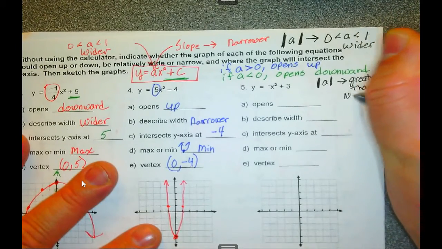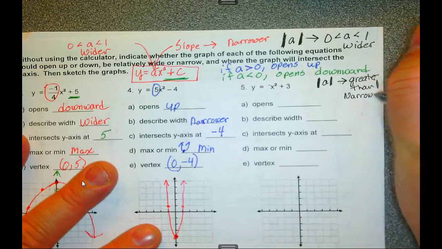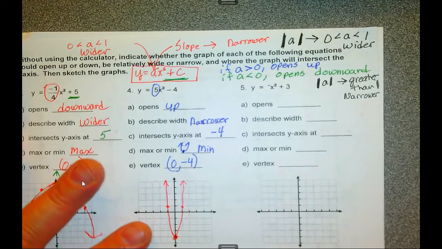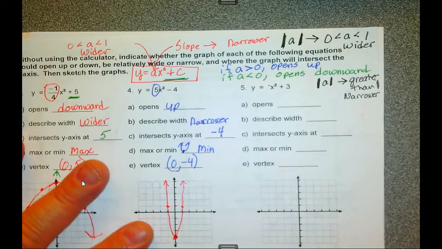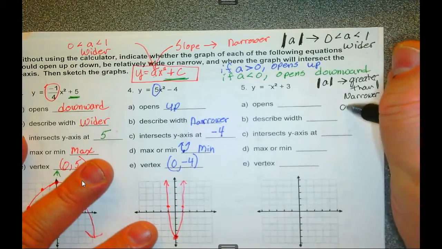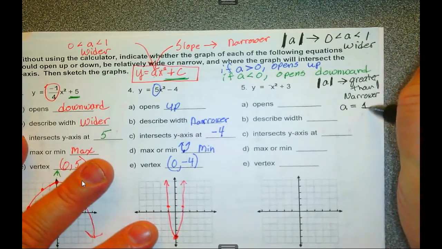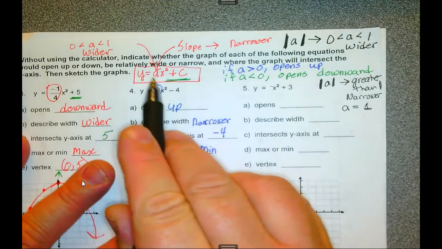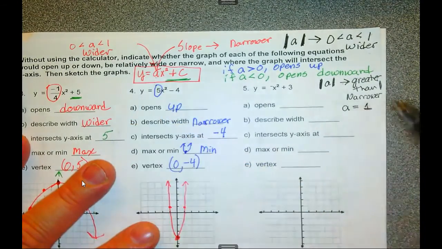Fantastic. Narrower. What happens if a equals 1? I get my parent function, right? y equals x squared. So it's normal.